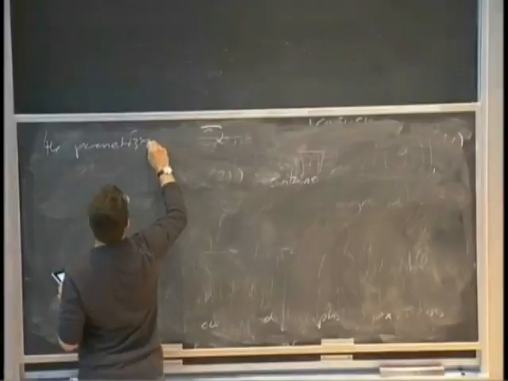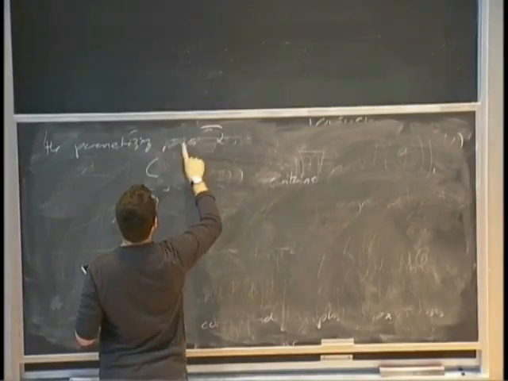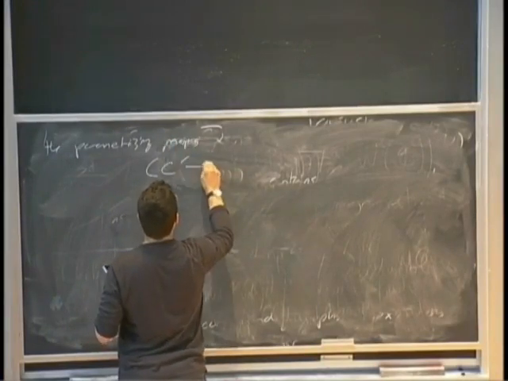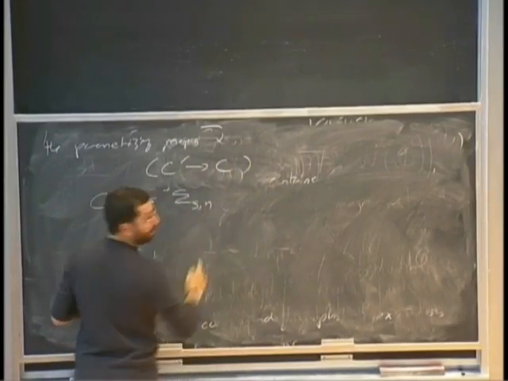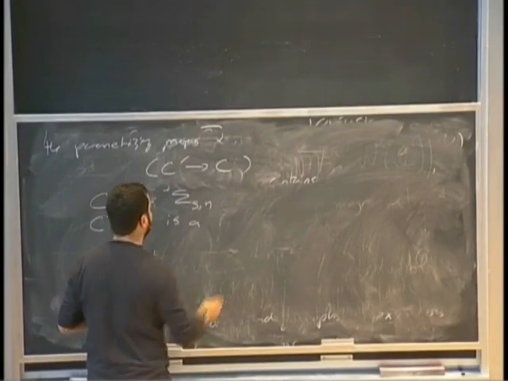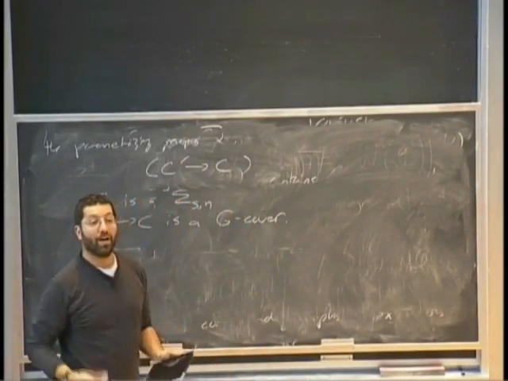Parametrizing pairs, or maybe I should just say parametrizing maps C prime to C, where C is a Riemann surface of type Gn, and C prime to C is a G cover. That is, it's a Galois cover with group G.